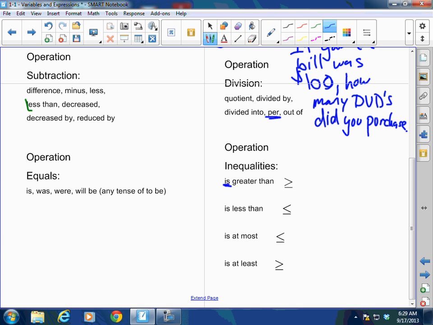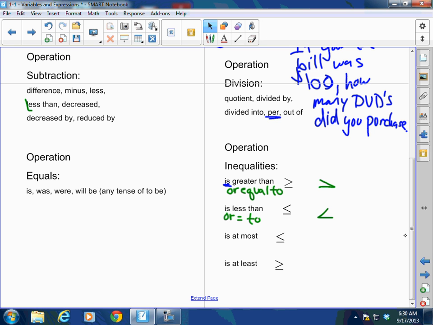Is greater than, or equal to. Is greater than is just like that. Is less than or equal to. Less than is just like that. Is at most, we're talking about less than or equal. And is at least, we're talking about greater than or equal.